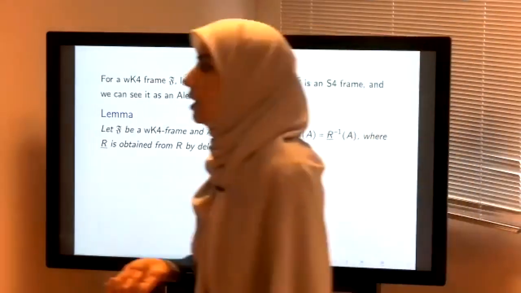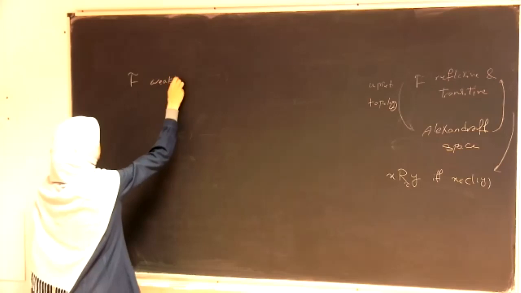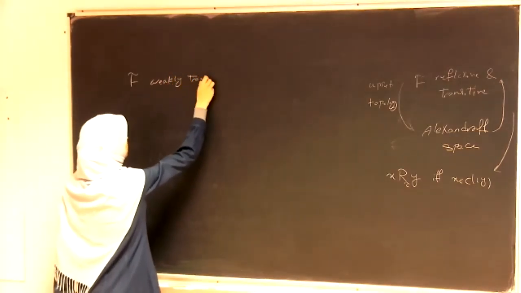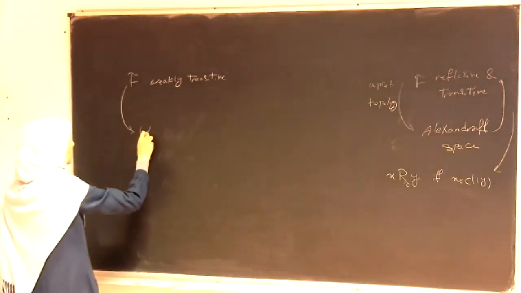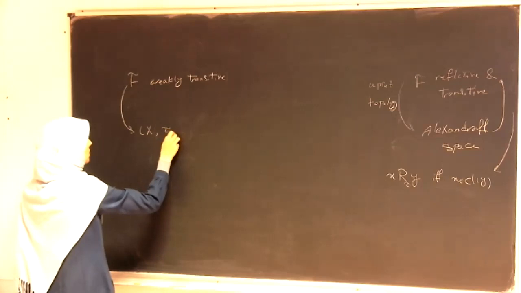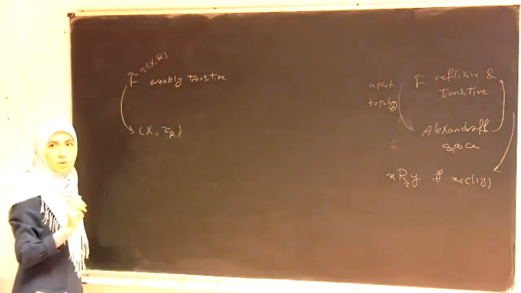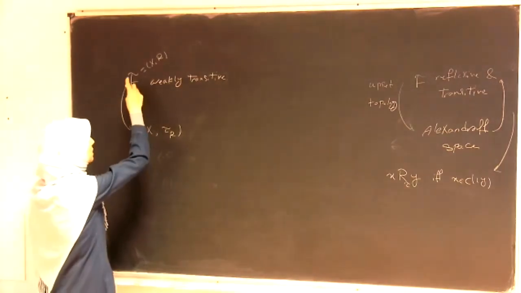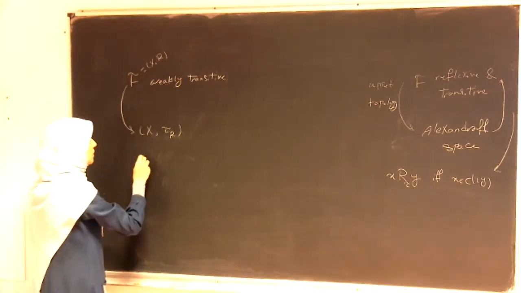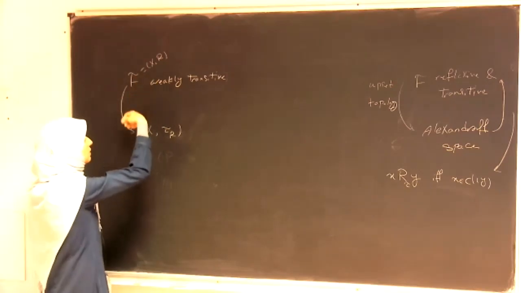In other words, when I have a weakly transitive frame and want to construct a topological space, I consider the up-set topology, but because our frame is not necessarily reflexive, I first make it reflexive and then define it.